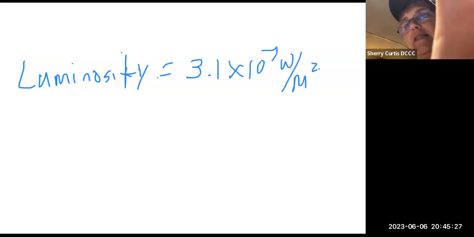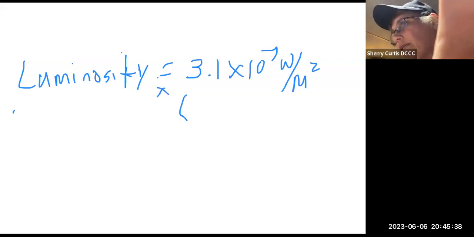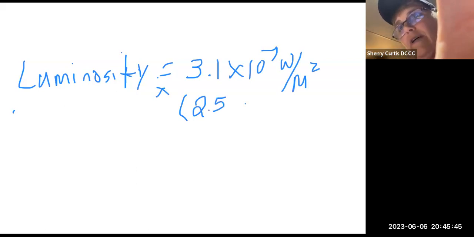And let's say this star has a surface area of, I'm going to have to take that times a surface area. It's going to be a little smaller than our sun, so 2.5 times 10 to the 18th meters squared.